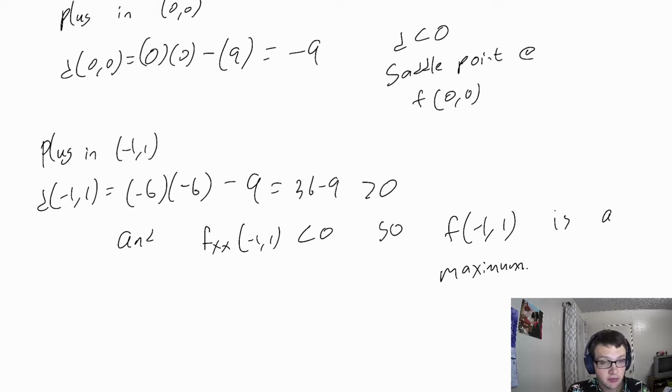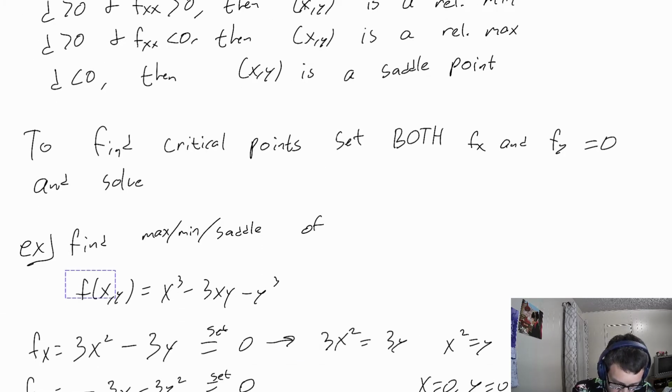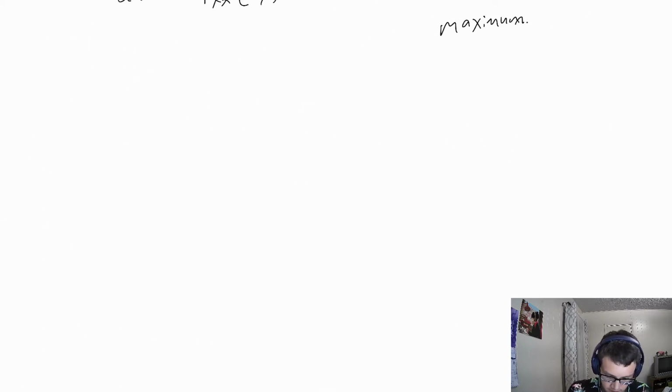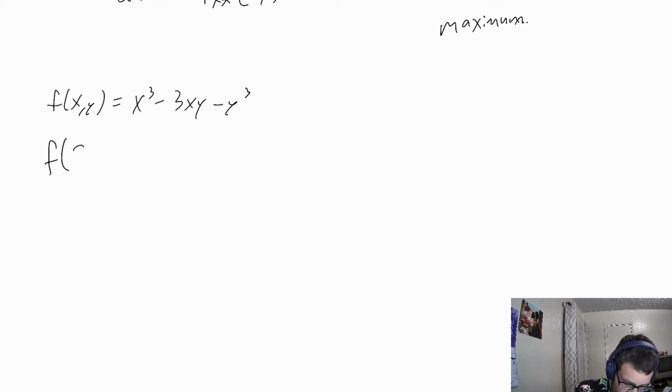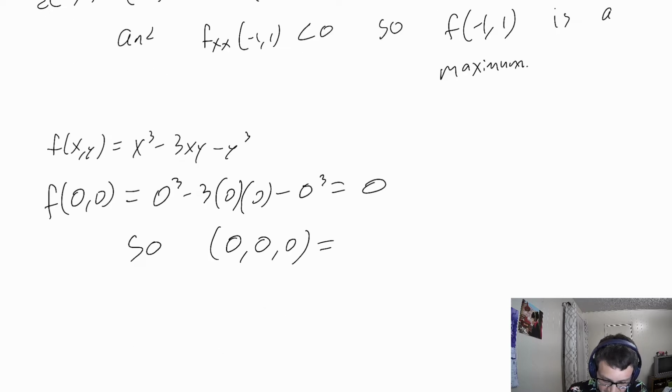All that's left to do now is find the appropriate values. So we found the critical points, we just need to find their output values. And the way we do that is we take a look back at the original function here. So if this is our original function, then f of (0, 0) is 0 cubed minus 3 times 0 minus 0 cubed, which equals 0. So we can say very confidently that the point (0, 0, 0) is a saddle point.